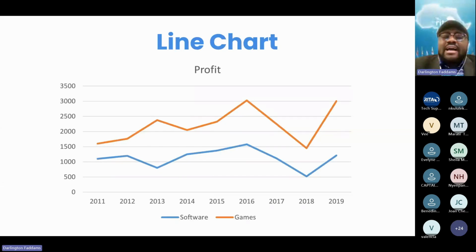And you can also get the correlation between the two products. And what I mean by correlation, I'm not talking about a relationship per se, but I'm talking about their various trends and how they are competing with each other. When it comes to correlation, we have different types of correlations, and we will see a few of them shortly.